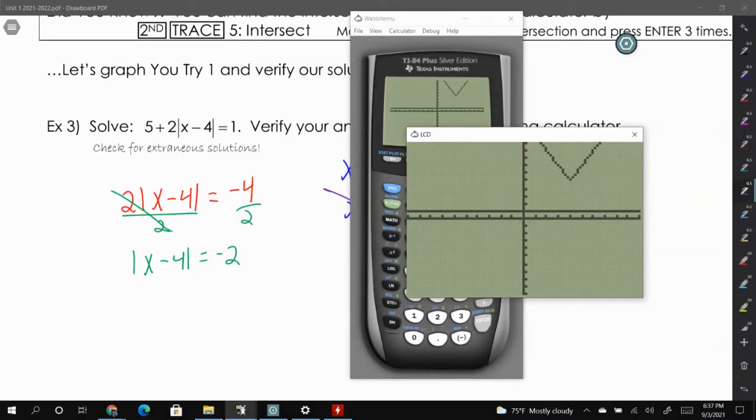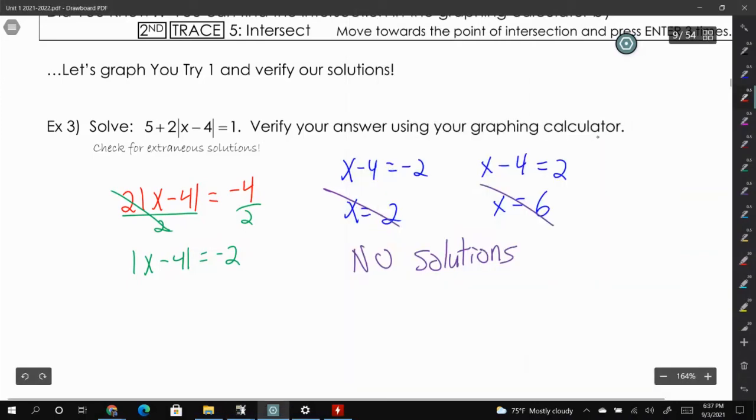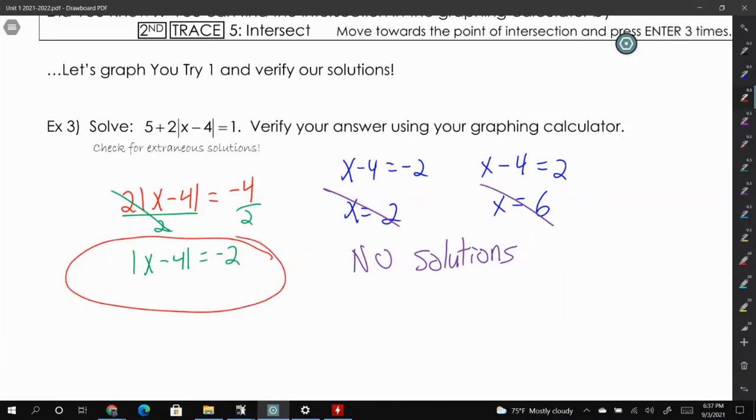Now, an easier way to tell this without graphing, without solving, is once you get to this point here, you've got the absolute value part all by itself. It says the absolute value of x minus 4 equals -2. Remember what we know about absolute value. Once you take the absolute value of something, you will get a positive number.